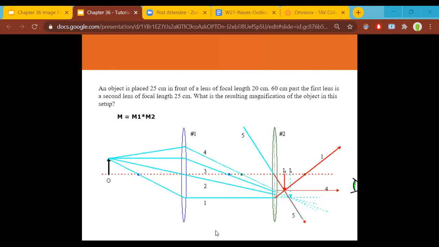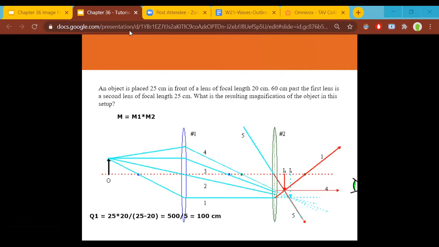We don't even have to do a ray diagram. We do the math. If we calculate the image being formed across the first lens, we're going to use the lens formula with the object distance and the focal length of the first lens. We get that the image is formed 100 centimeters to the right of the first lens.